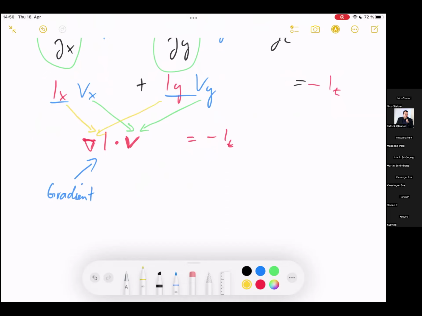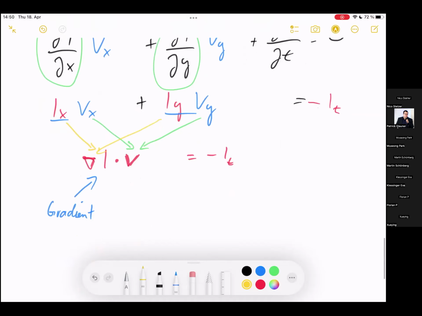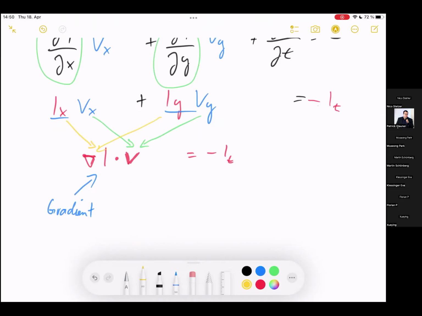Nabla I is just the gradient of I, so the partial derivative along x and y, and v is just a vector of vx and vy. And if you multiply this gradient, which is a vector, and the other vector, you just get the scalar product.